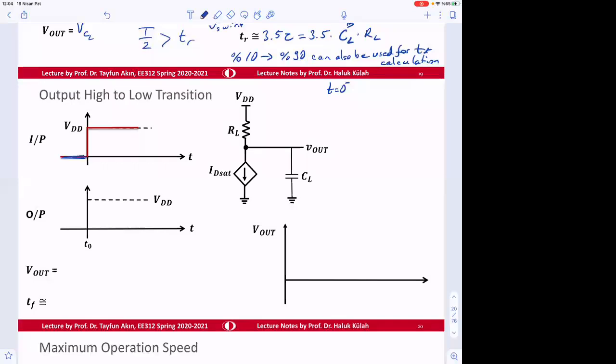So T0 minus, what is the state of Mn? Off. Why? Input is 0 volts. So what happens at 0 plus Mn?